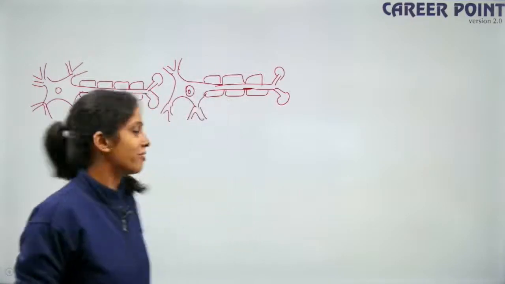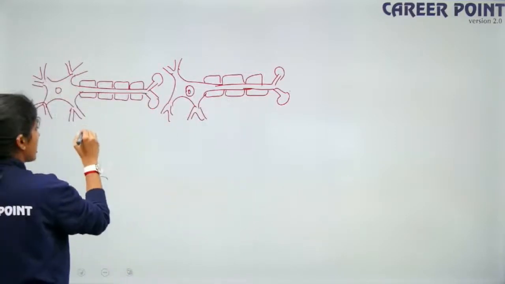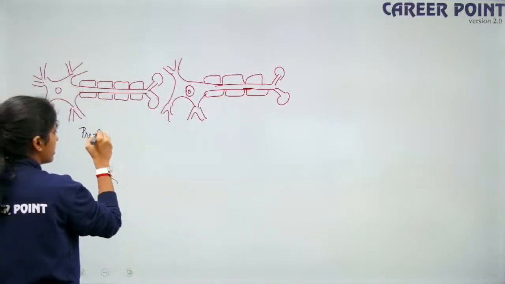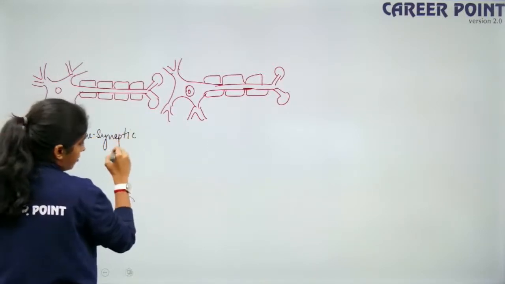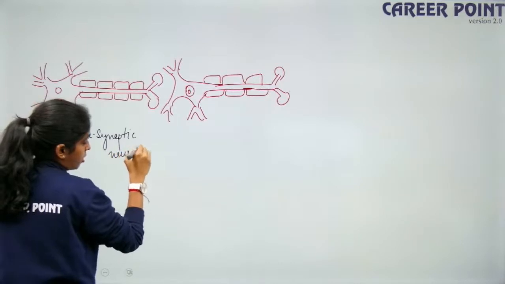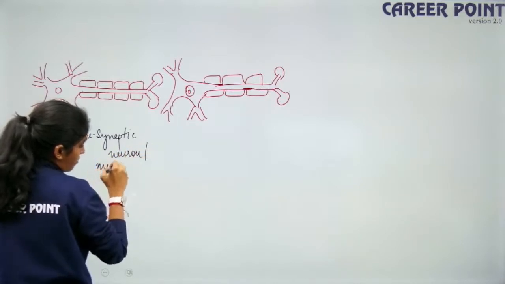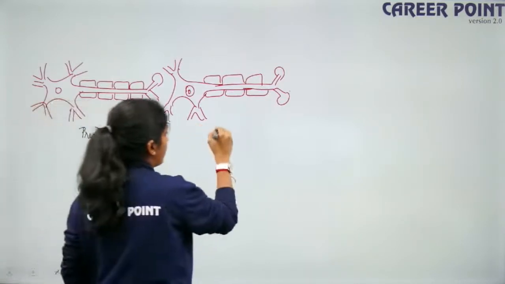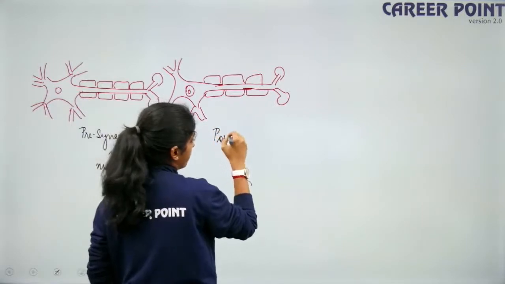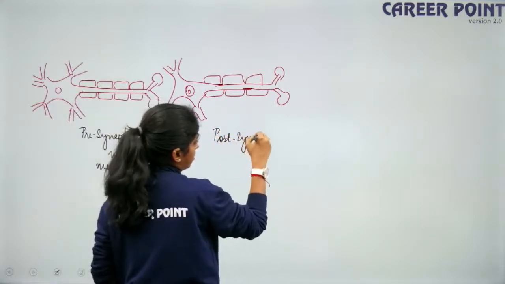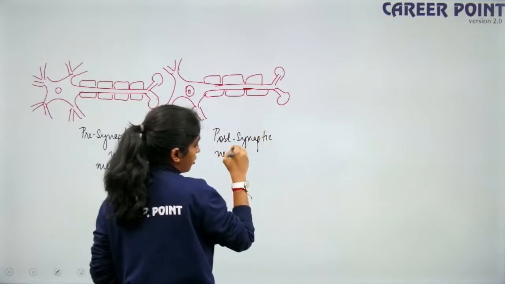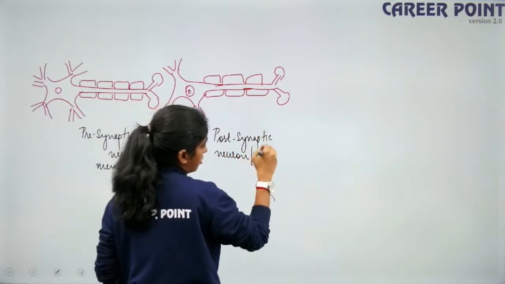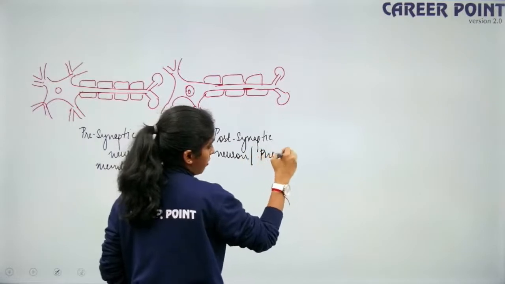So this is known as the presynaptic neuron. This is basically the first neuron, the presynaptic neuron or the presynaptic membrane, and this is my postsynaptic neuron or the postsynaptic membrane.